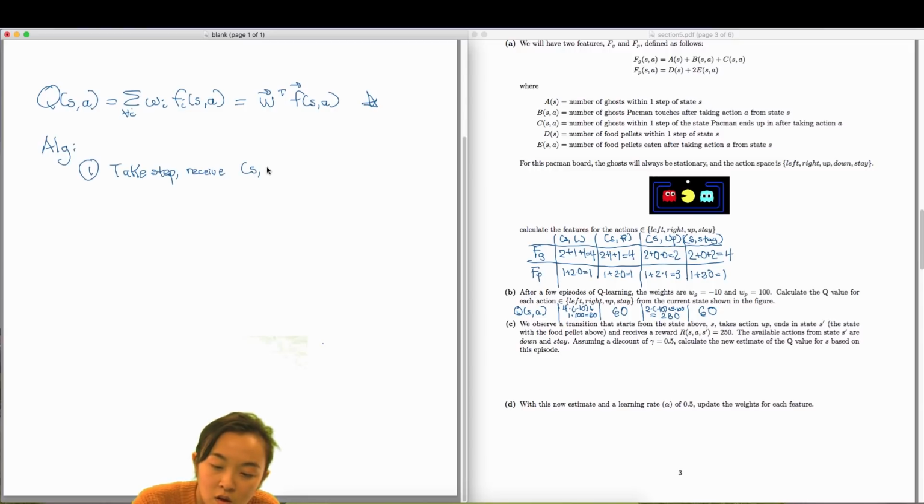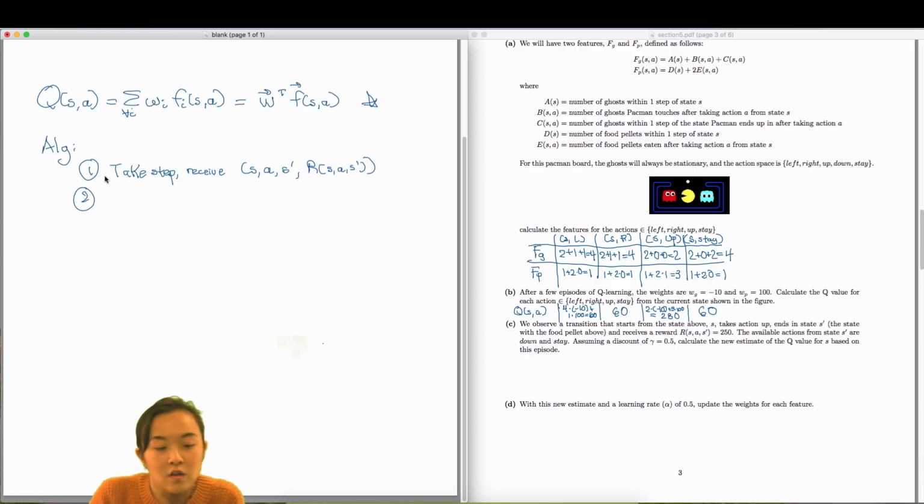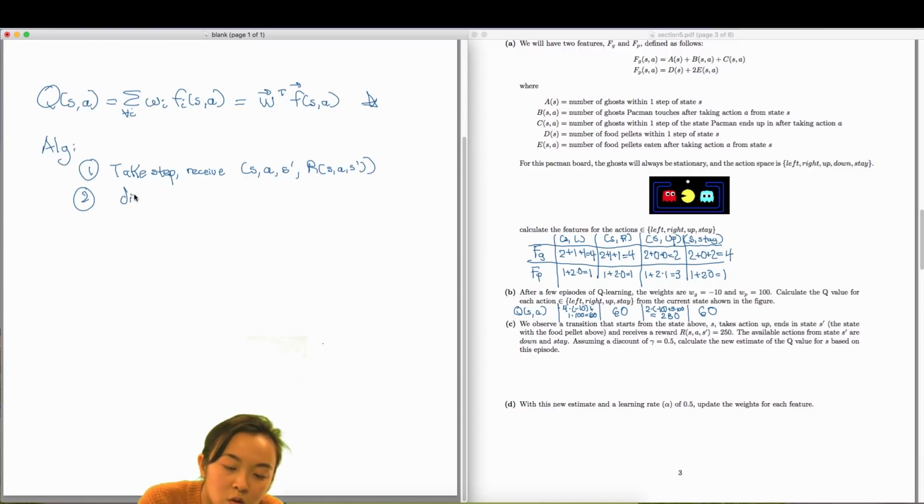We're going to receive the state that we started in, the action we took, the state that we ended in, and then the corresponding reward. And then using that, we're going to compute a quantity called the difference.